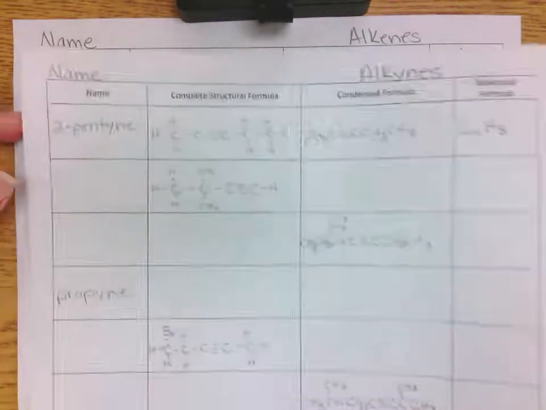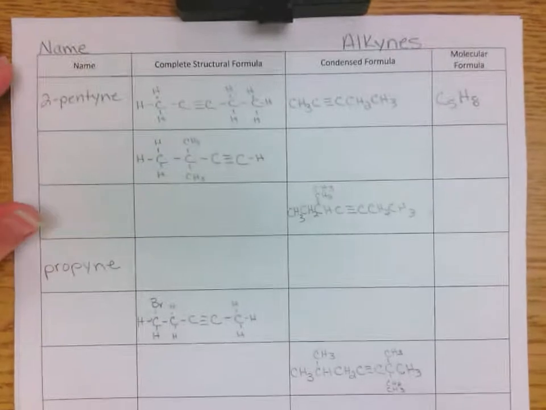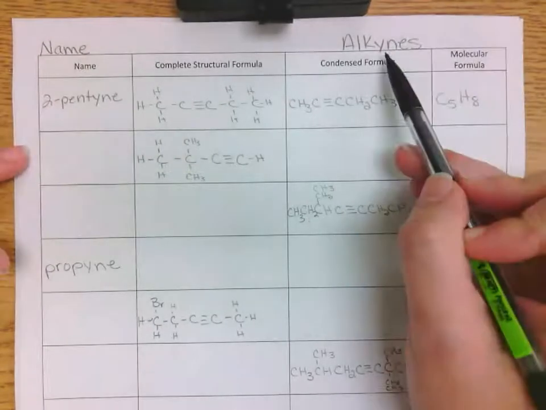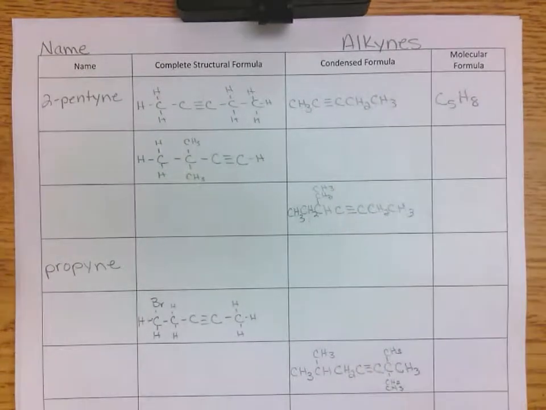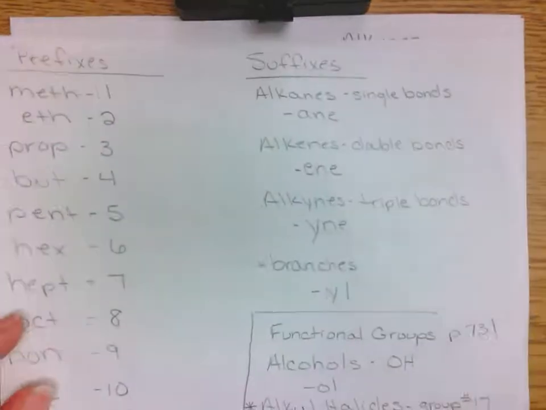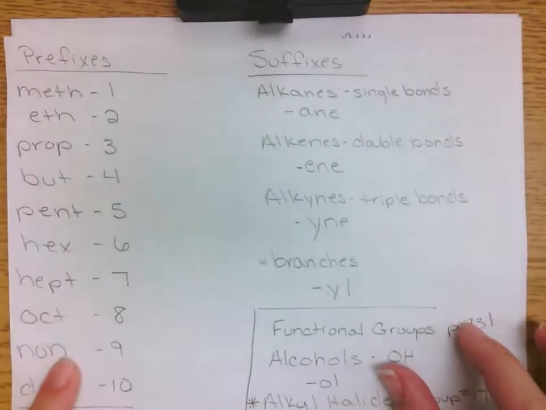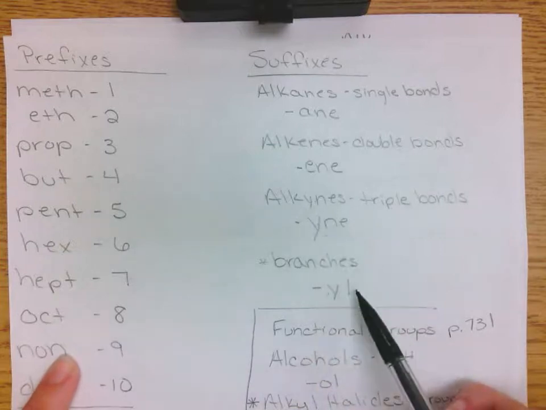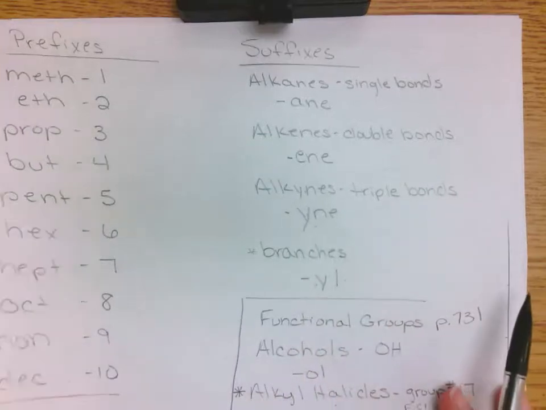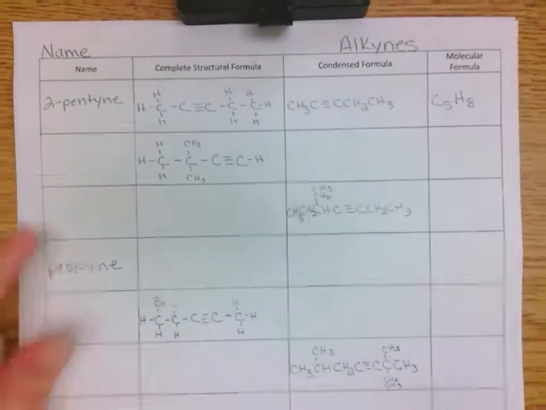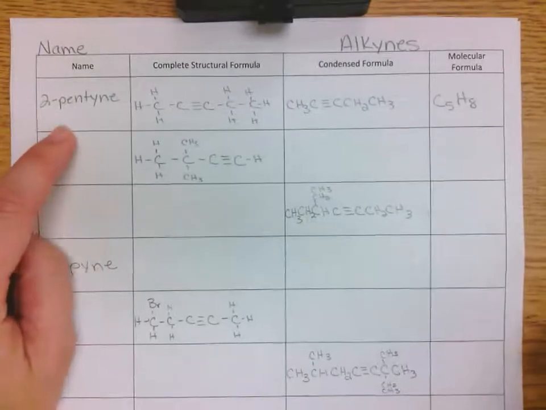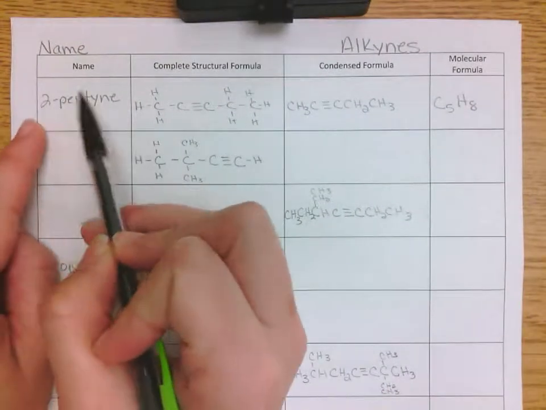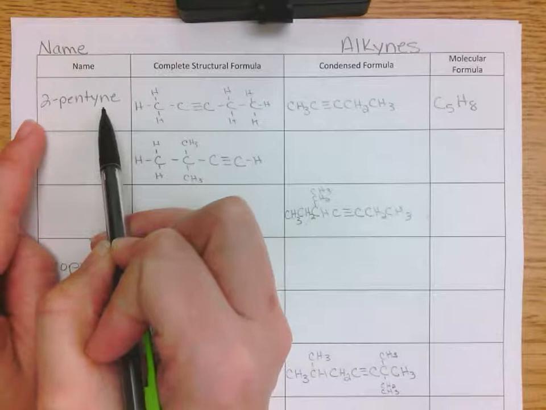Alright, let's do one example of an alkyne. So alkynes, they end in YNE. They're triple bonds. So prefixes are still the same. Branches are still the same, they end in YL. So the example, 2-pentyne. 2 tells me where my triple bond is.